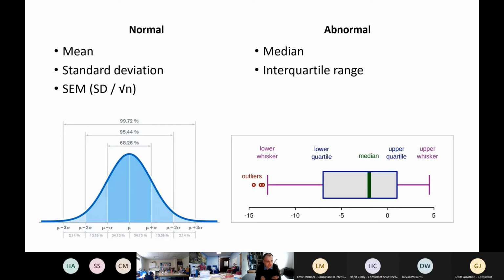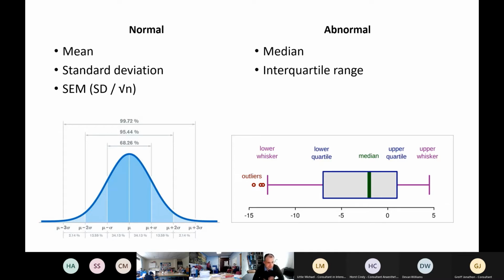When you read a paper, there are other ways of knowing what they mean by average. So if you're talking about means, the paper should always include, and if you're writing a paper, you should include a standard deviation, which is a measure of the spread of the data. I'm sure you're used to this image here, which obviously I can't point to, the one on the left, the curve.